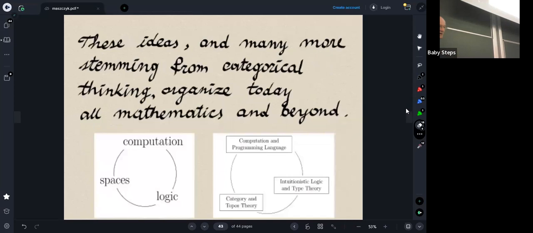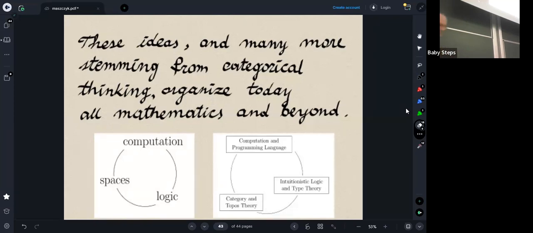These ideas and many more stemming from categorical thinking today organize all mathematics and some areas beyond mathematics when mathematics is used. For instance, today we have the tenets of the computational trinity, which is a circle consisting of three subjects: computation, spaces in a general sense, and logic.